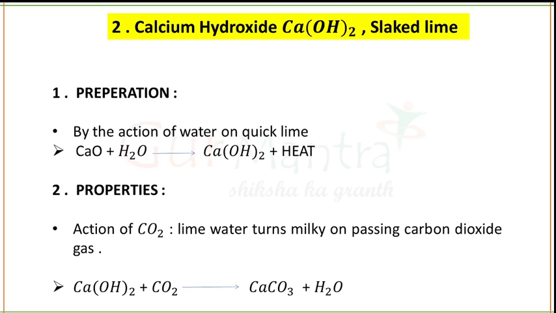Next is calcium hydroxide. Calcium hydroxide is commonly called slaked lime. It is an inorganic compound with the chemical formula Ca(OH)2. This is a colorless crystal or white powder, and it is produced when quicklime is mixed or slaked with water.